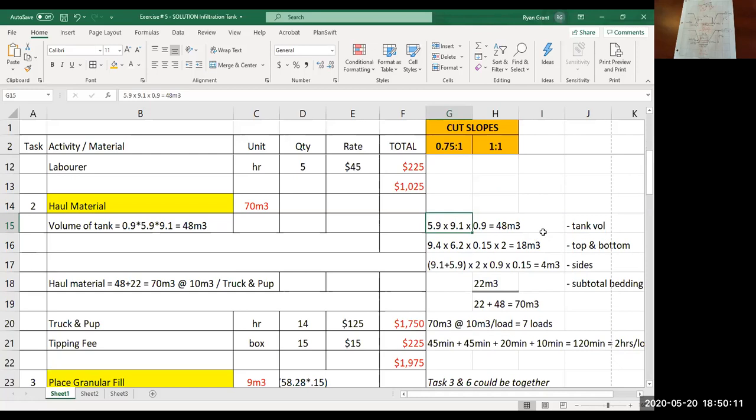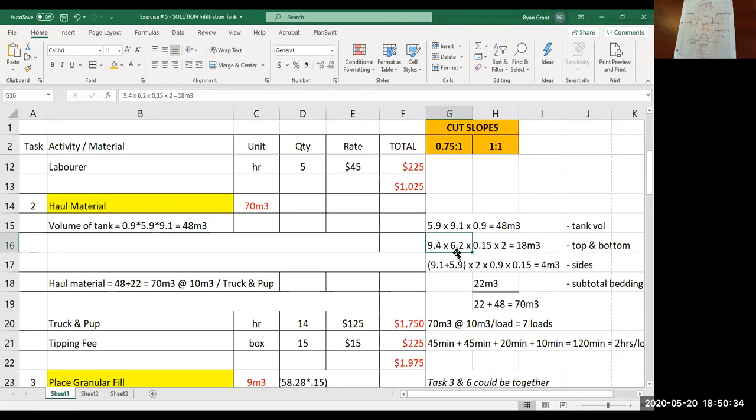So I did a sample calculation here. The top and bottom: I show 9.4 here, but again, that's the 9.1 tank length plus 150 on either end. So that's 9.4 multiplied by 6.2.